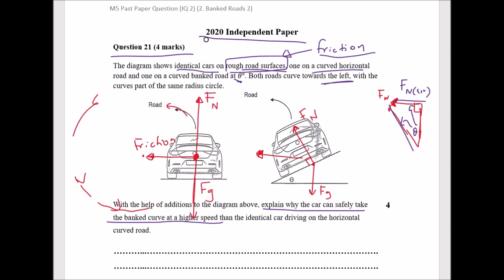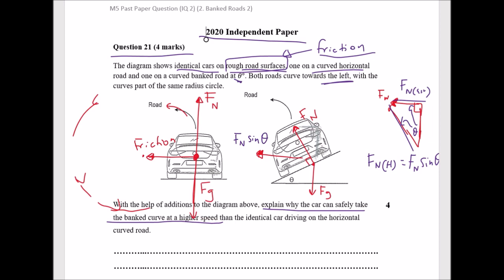If I want to write that out, Fn horizontal, I'll just call it H, is equal to normal force times sine theta. So that's one component that I need to consider here: Fn sine theta.